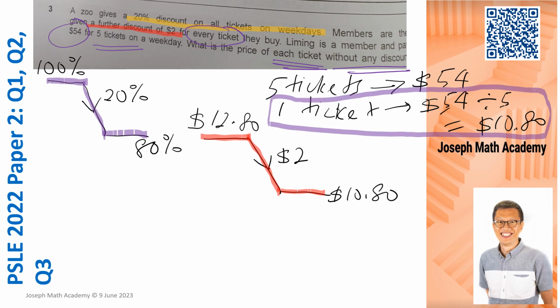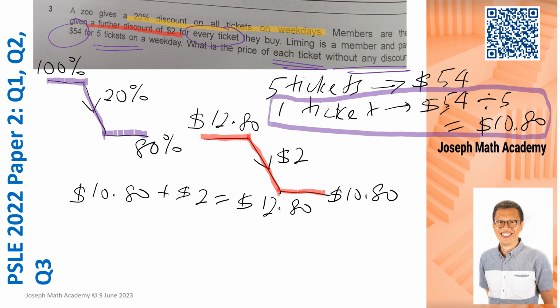How did I get $12.80? Very simple: $10.80 plus $2 is $12.80. So $12.80 is the actual price of one ticket, not using the membership discount.